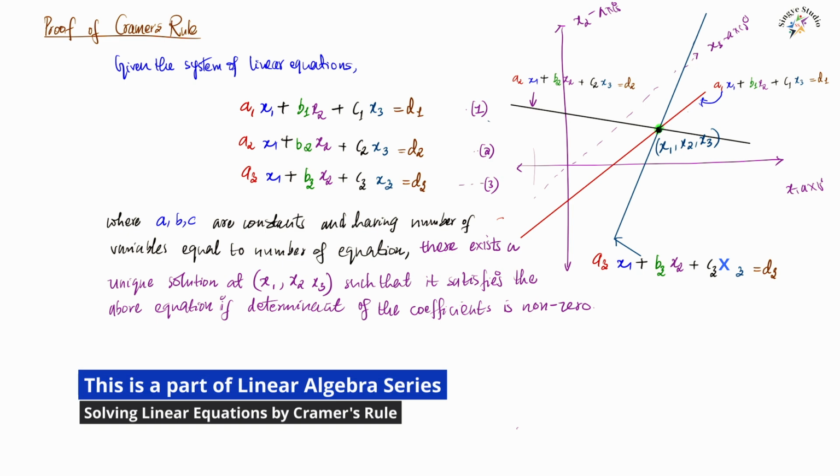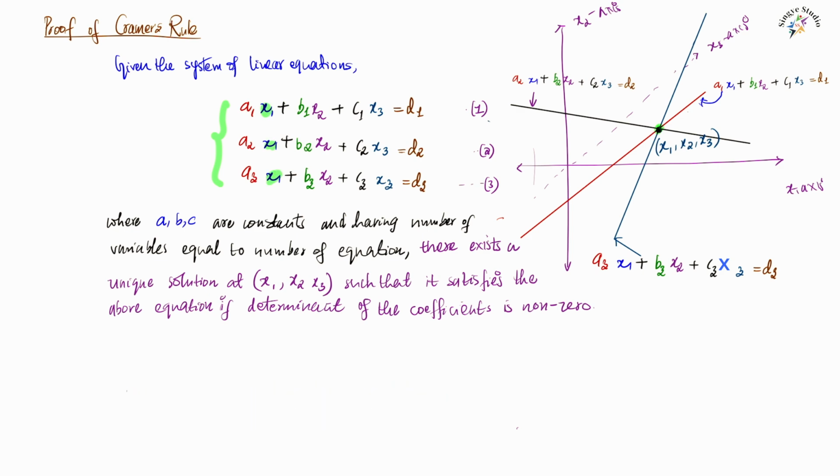So, if we have a set of linear equations like this, which has unknowns, which are called variables, such as x1, x2, x3, and the number of equations equals the number of unknowns. Here the unknowns are x1, x2 and x3. There are 3 unknowns and there are 3 equations.